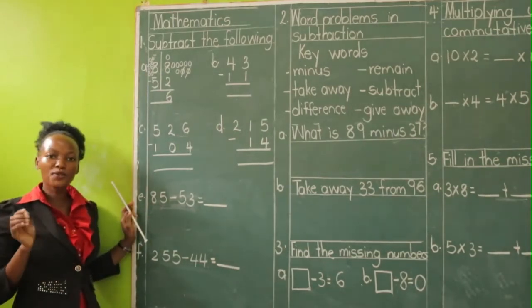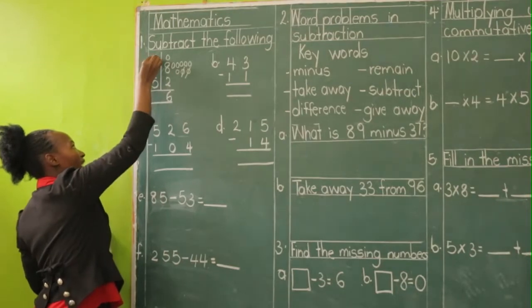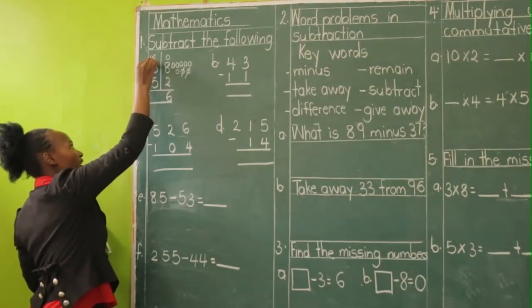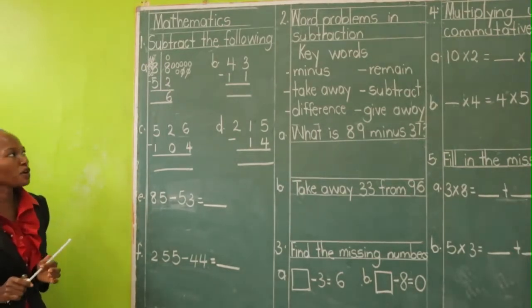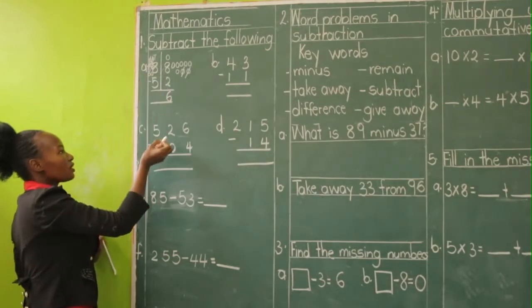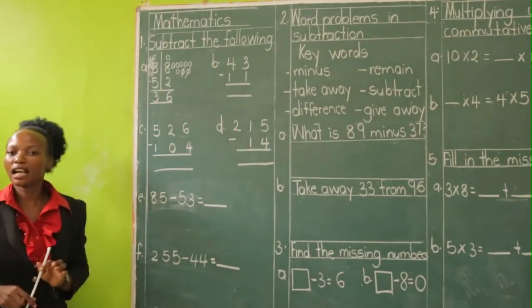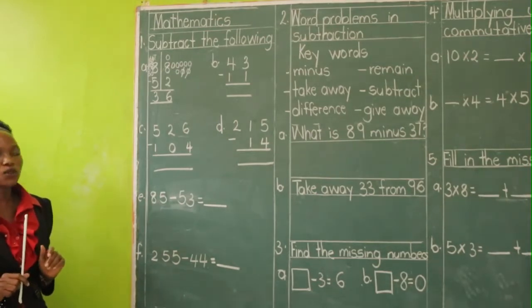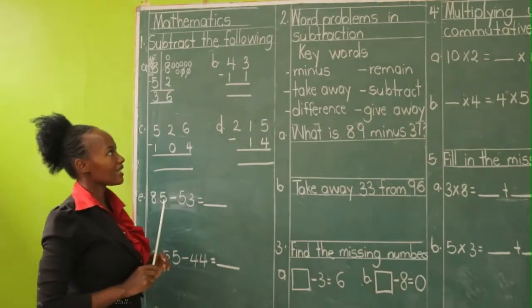We cross out 5: 1, 2, 3, 4, 5. Now we count. How many balls have we remained with? 1, 2, 3. We've remained with 3 balls. Now 88 take away 52, our answer is going to be 36. Okay? Then we look at the next example.